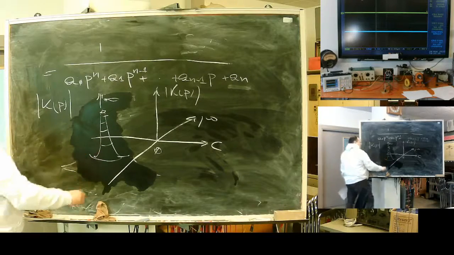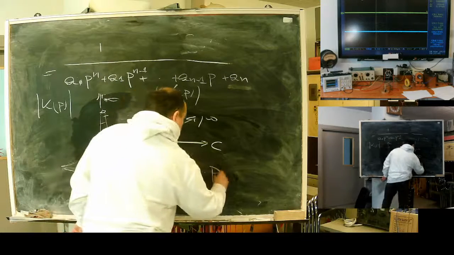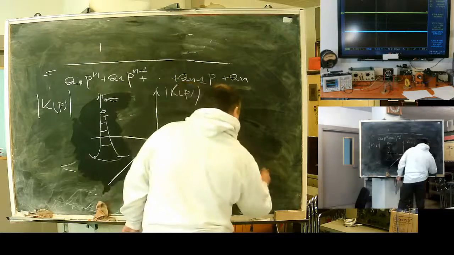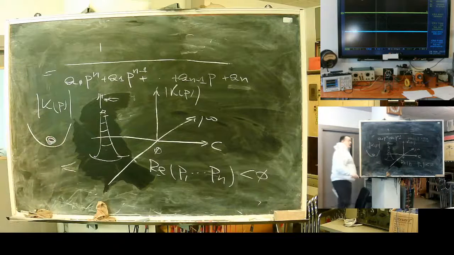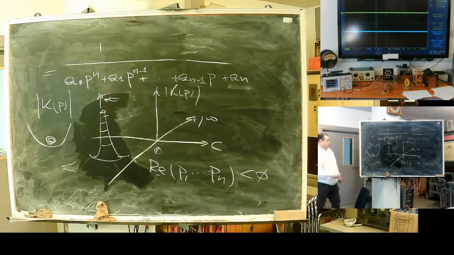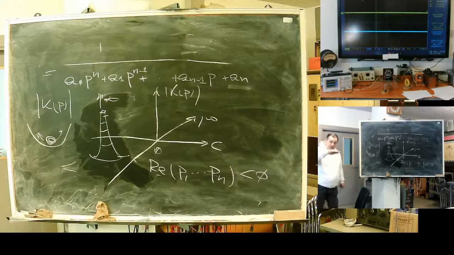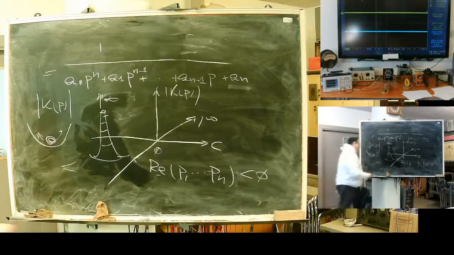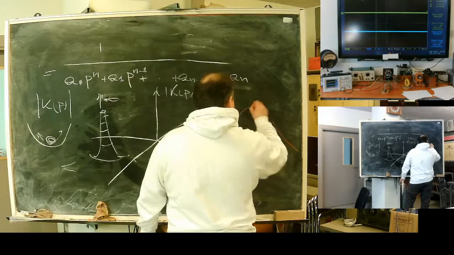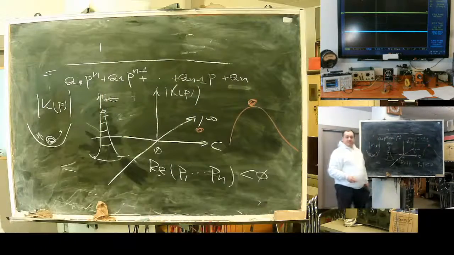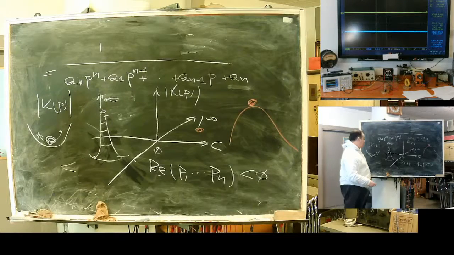If I have the real part of all roots less than 0, it's like this system. It can oscillate, but it will return to the stable condition. If I have a root here, it's like this. It's an unstable system. It will fail.